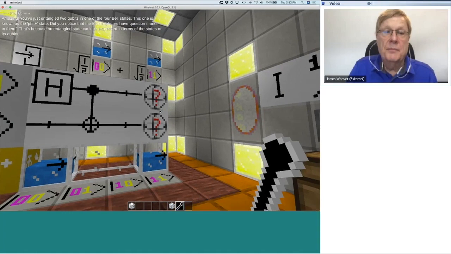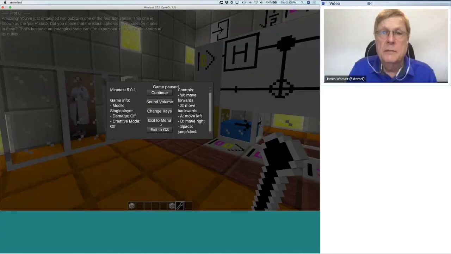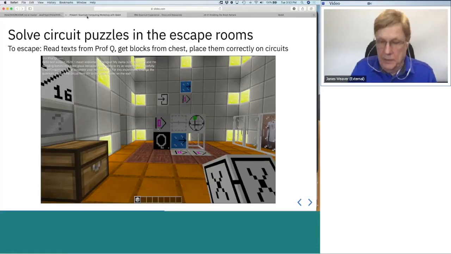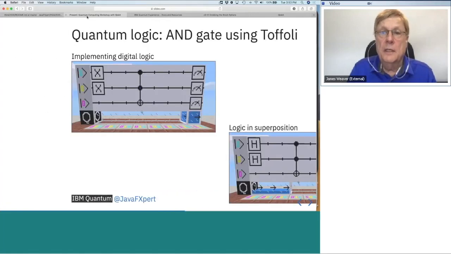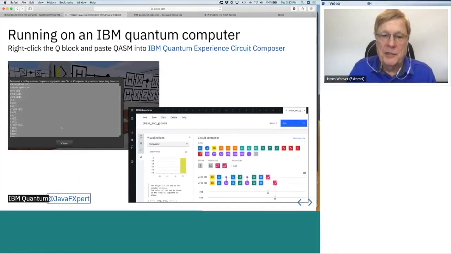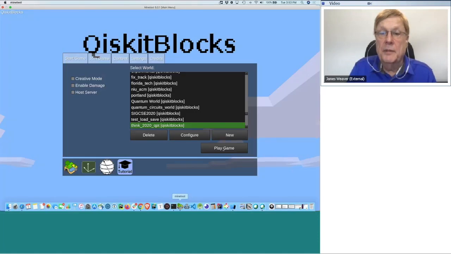So now, with that introduction, what I'd like to do is go ahead and leave the game and take you into the quantum experience. One little party trick I want to show you. I'm going to go back to the game real quick and show you one thing that is available that you can do.